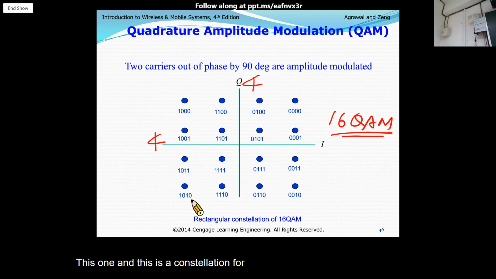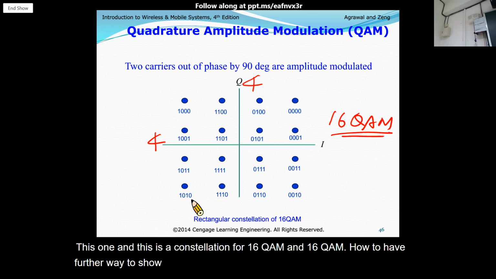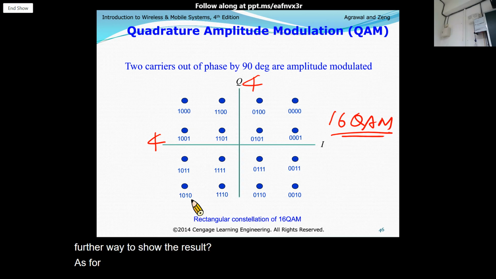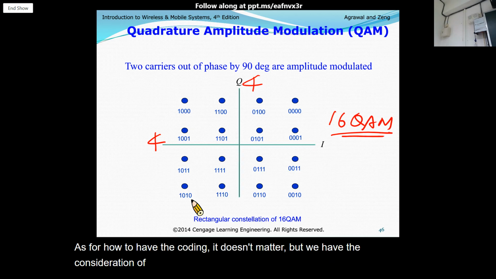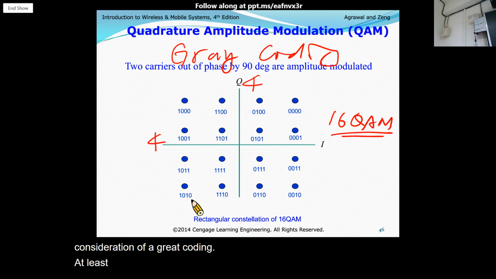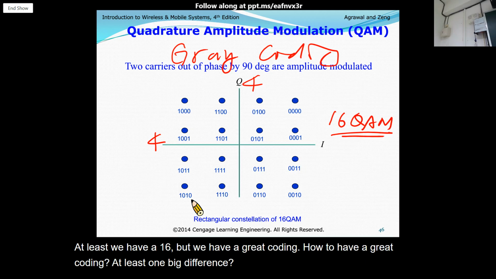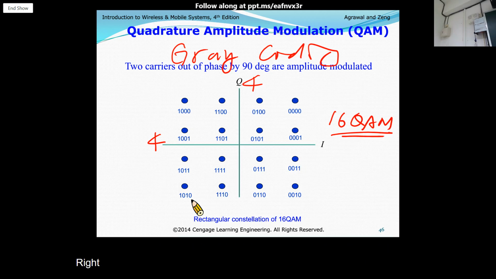And 16 QAM, how to show the result? As for how to do the coding, it doesn't matter. But we have the consideration of gray coding. Here we have 16 points, but with gray coding. How to have gray coding? At least 1 bit difference. Right? 1 bit difference. Can you see it?